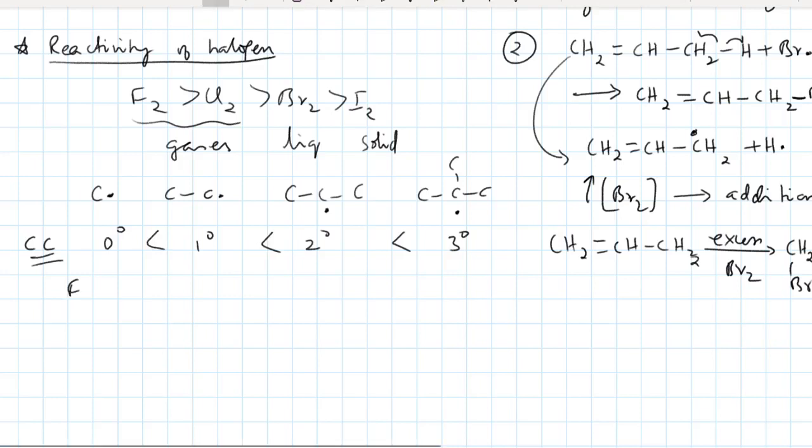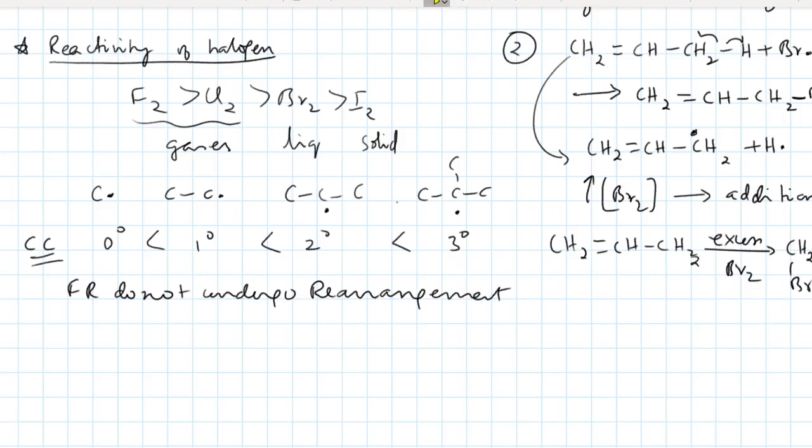And remember, free radicals do not undergo rearrangement as in the case of carbocation. Very, very important. So don't try to rearrange this as compared to the carbocation. Whatever is formed, only thing is, if a compound can form a primary free radical as well as a secondary free radical, it will form mainly the secondary free radical that will give you the major product, and the primary free radical will give the minor product.